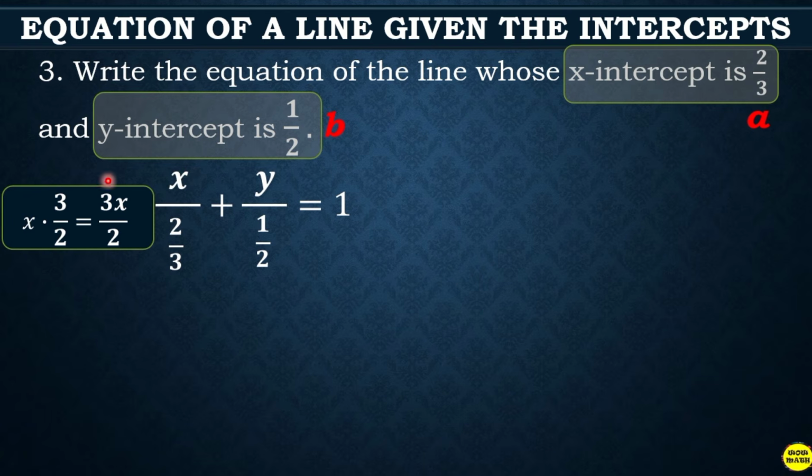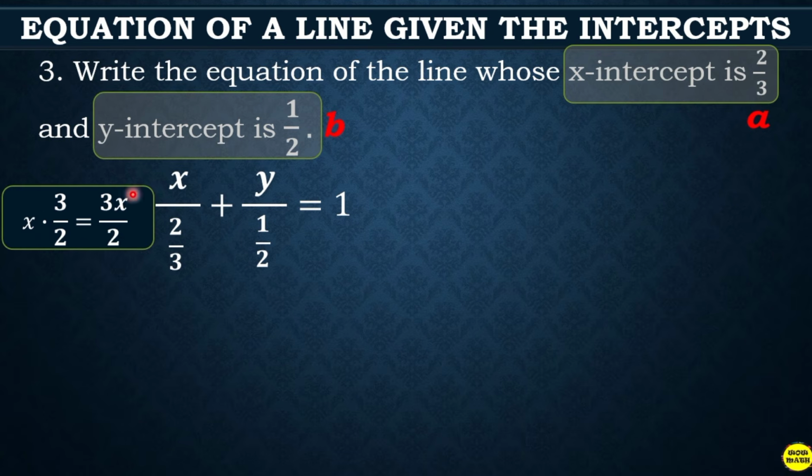Kung ito ay fraction, basta copy lang po yung ating numerator. Kahit ano pa to. So, lagi lang copy ang numerator. Ang importante dito is kukunin natin ang reciprocal ng ating denominator, so that will become 3/2, and then proceed to multiplication. So, we now have x times 3, 3x over 2.